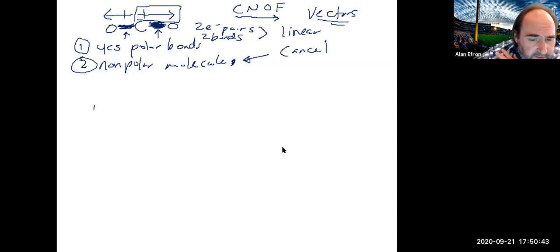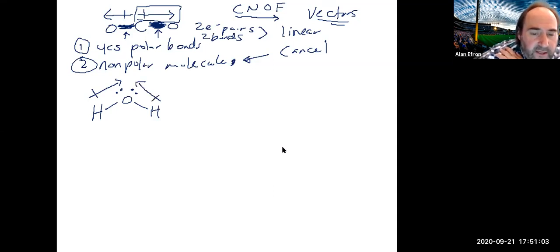If we look at another example like water, and if we draw water here, again, looking at the individual bonds in water, the hydrogen and the oxygen, it is going to be a polar bond, and the oxygen is going to be more electronegative than the hydrogen. So if we were to look at the electronegativity values and draw our arrows, they should point to the oxygen, which is more electronegative.